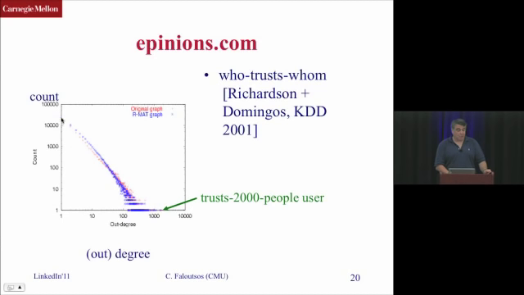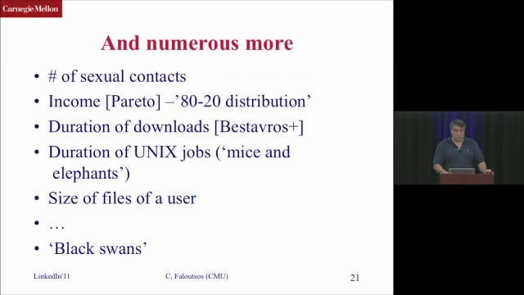And here we see that there are about 20,000 people that trust only one person. In log-log scales, again, a line fits well. Maybe we can fit a parabola, but it is definitely not a Gaussian, not one of the standard textbook distributions. Very skewed, very heavy-tailed distribution.